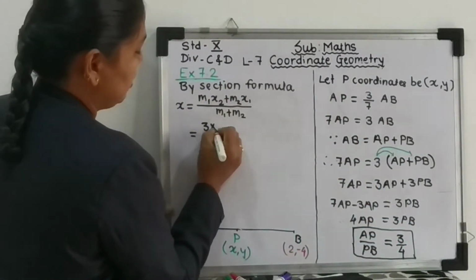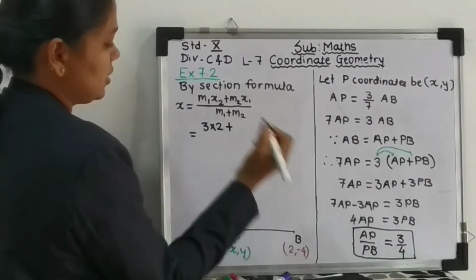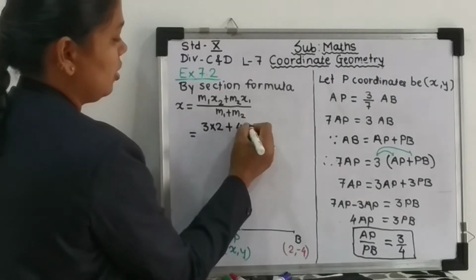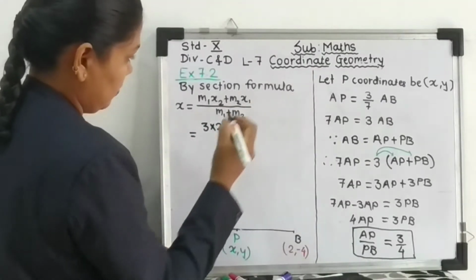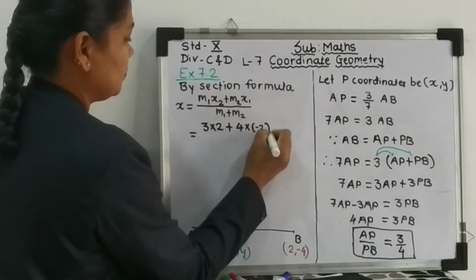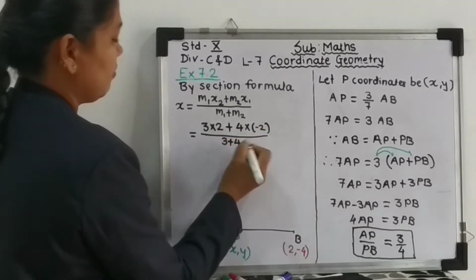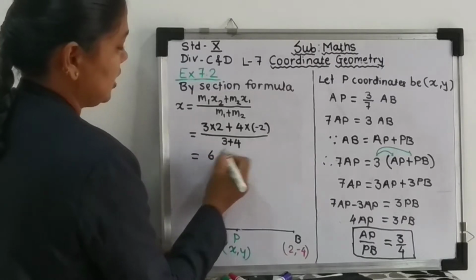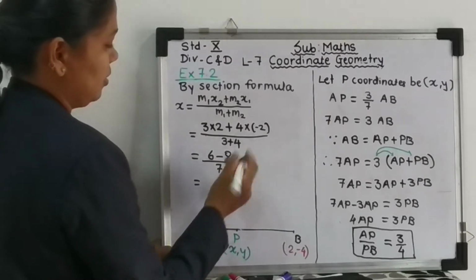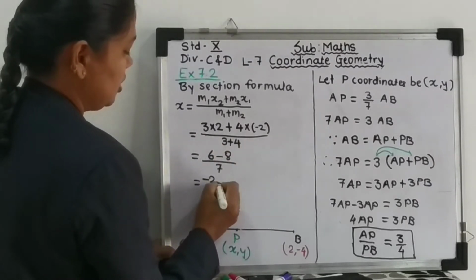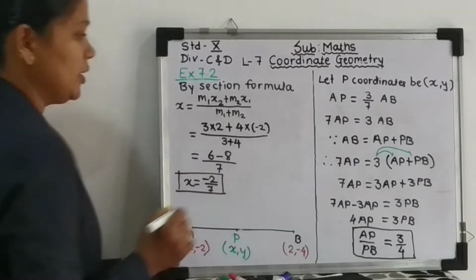So 3 is multiplied with x2. x2 is 2, plus m2 is 4 into x1, which is minus 2, upon m1 plus m2 means 3 plus 4. So we got 3 2s are 6 and 4 2s are 8, minus 8 upon 7. So 3 plus 4 is 7. So 6 minus 8 is minus 2 upon 7. So your x coordinate we got is minus 2 by 7.